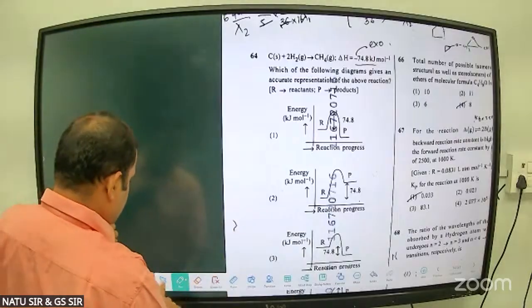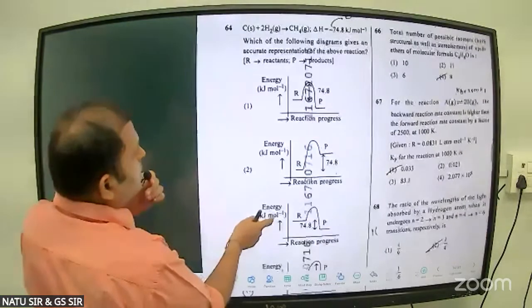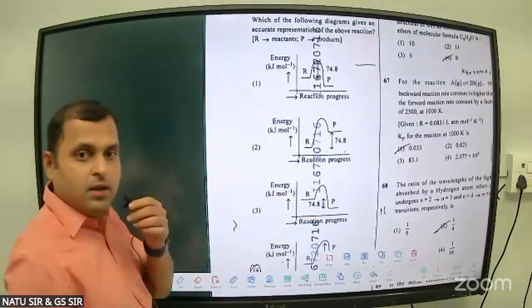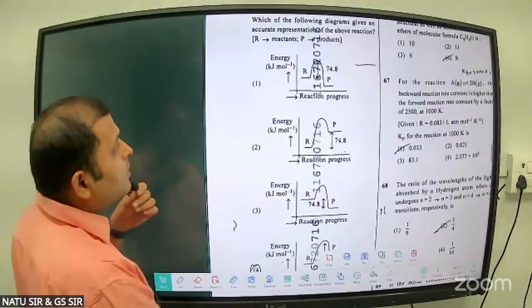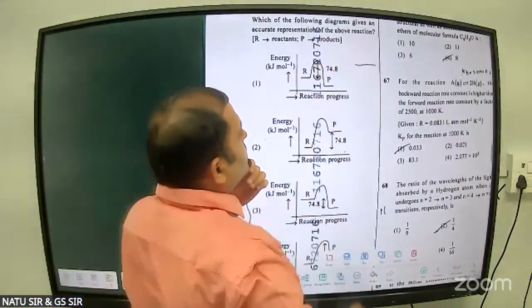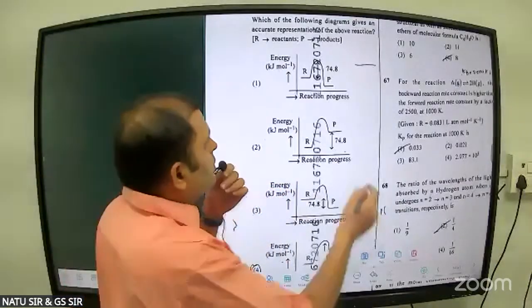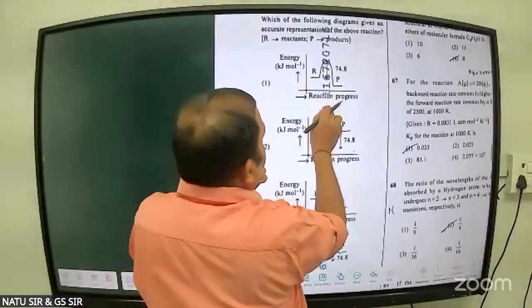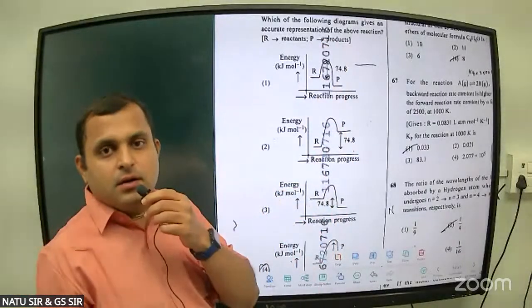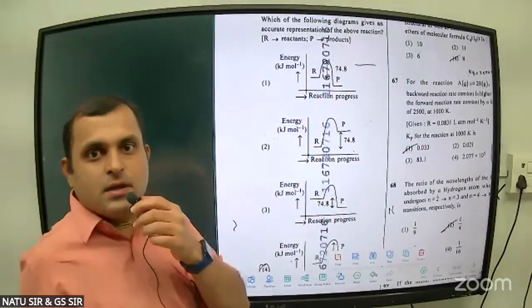if products will be less energetic, then either you have option 1 or option 3. In both of them, products are less energetic. But in option 1, the energy difference they are showing is in between what? Reactant and reaction intermediate, or you can say transition state. That is called activation energy, right?